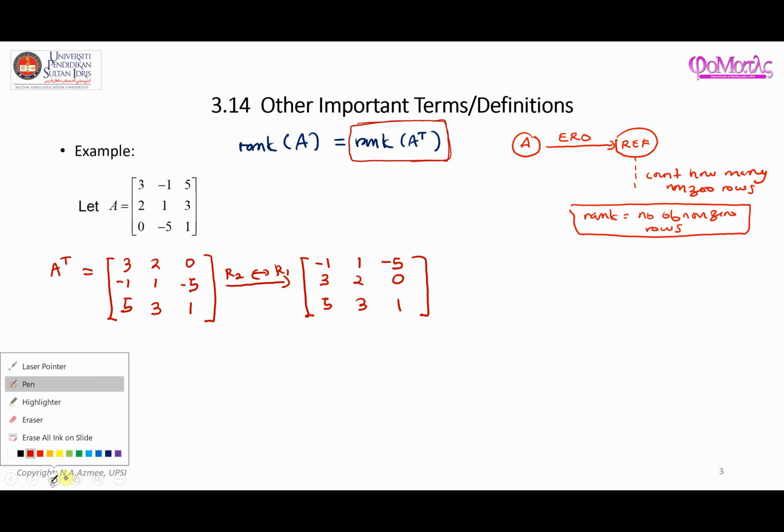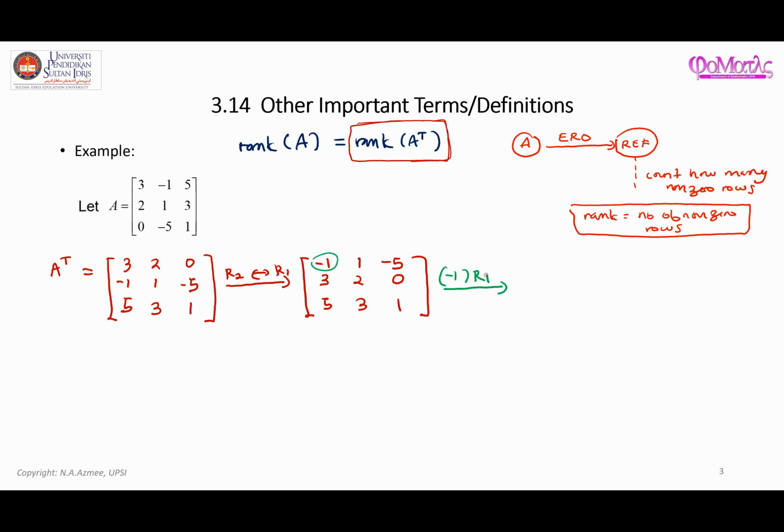Okay, so next what I can do is I can turn this into the value of 1. So multiply the first row with -1, and the result is 1, -1, 5, 3, 2, 0, 5, 3, 1.